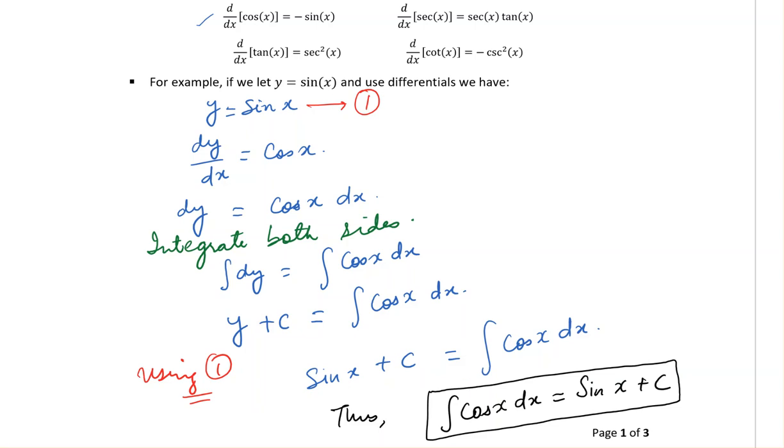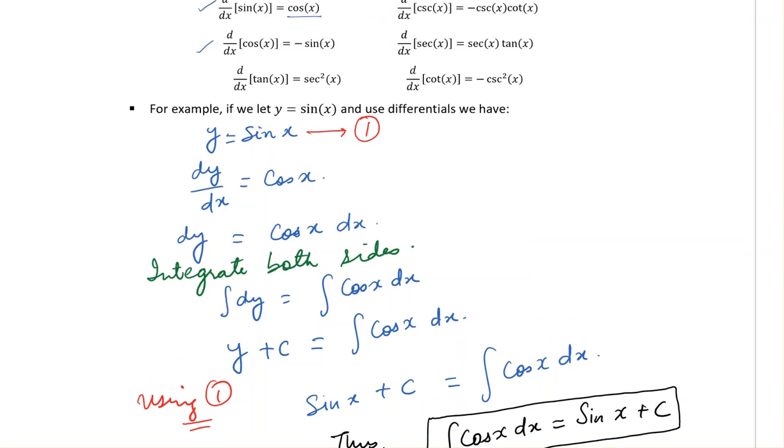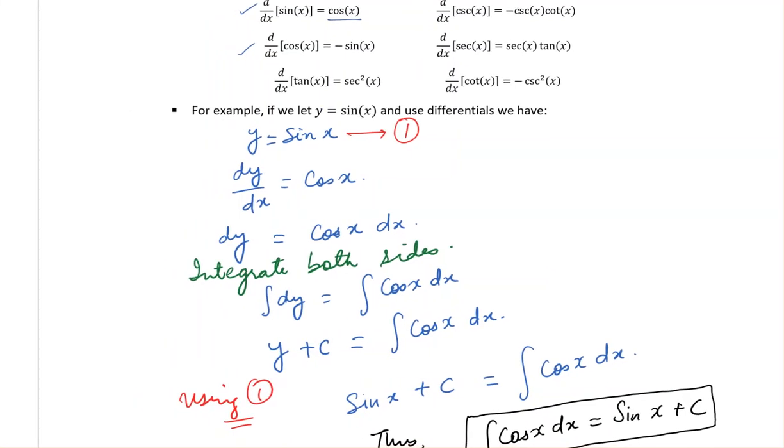We started with y is equal to sine x, and we ended up getting the integral for cosine x. As they are inverse processes, the derivative of sine x was cos x, so the integral of cos x is sine x. This will be helpful to memorize the different integral and derivative formulas if you can make the connections between them.